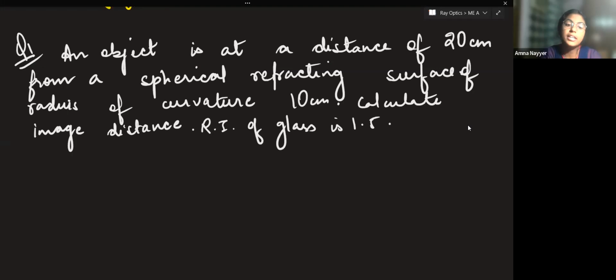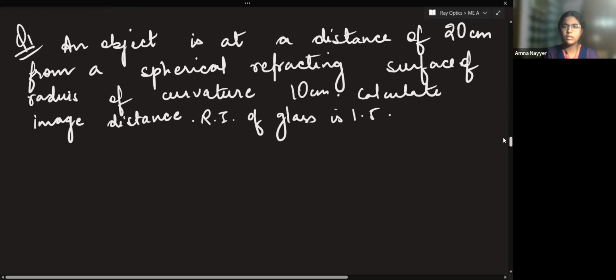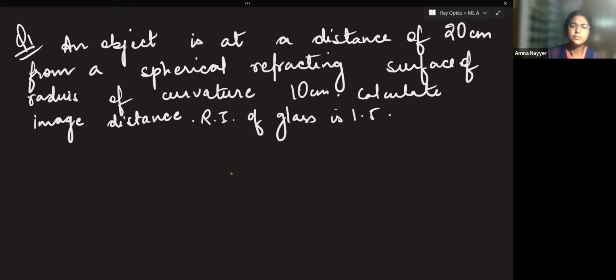See, refractive index of glass is given, it means refractive index of one of the medium is given. If the second medium is not provided to you, that means this is which medium? Definitely air. See class, just try it once by yourself, then we'll discuss it, because one numerical only we'll do from this topic. Rest of the numericals are the same.